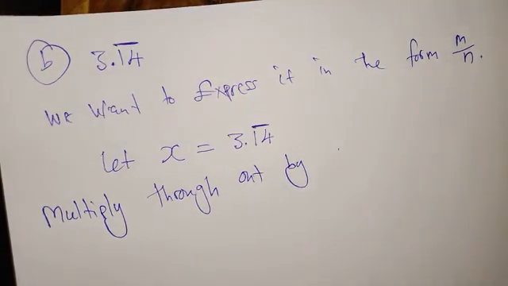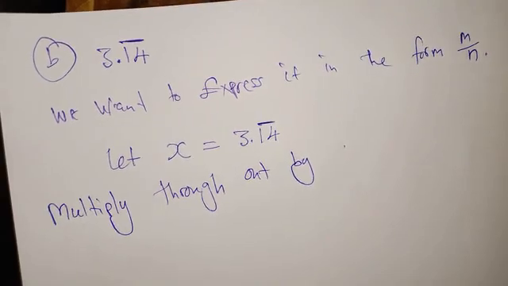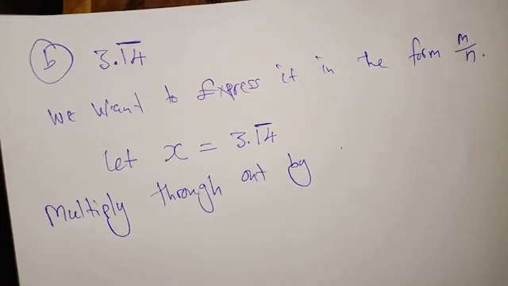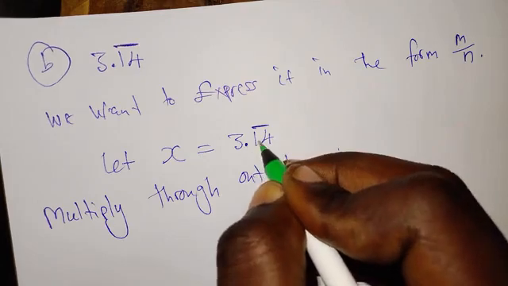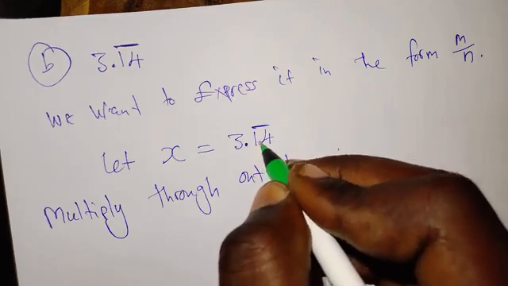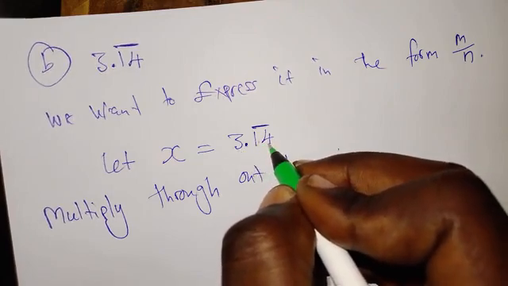Now we have to be very strategic. If you multiply throughout by 10, this point is going to move once, and then I'm going to have 31.4.